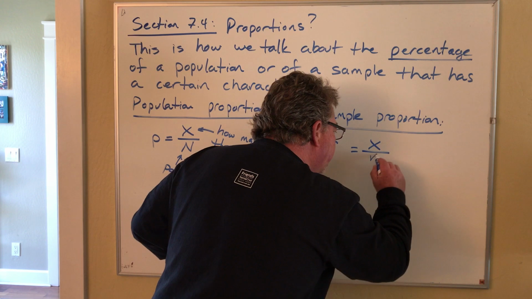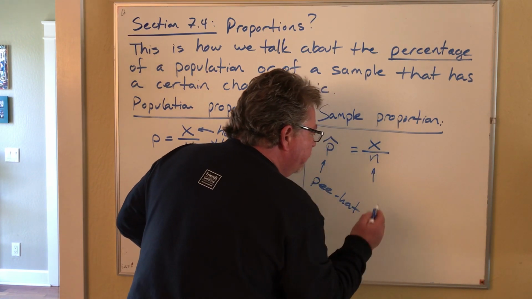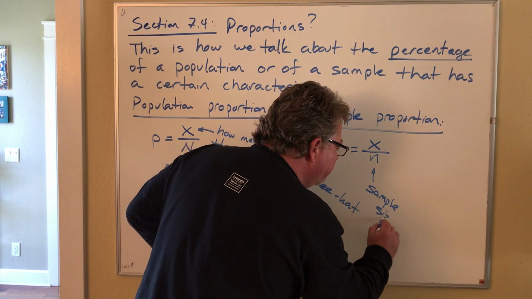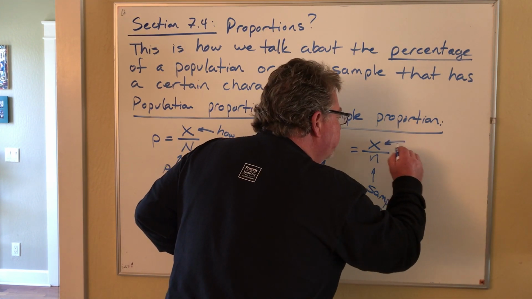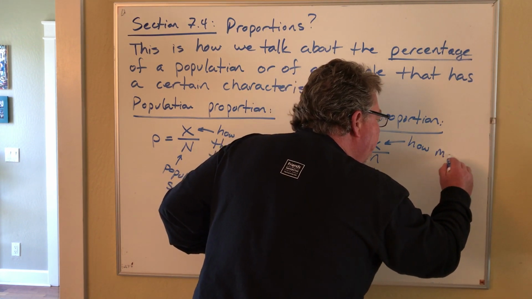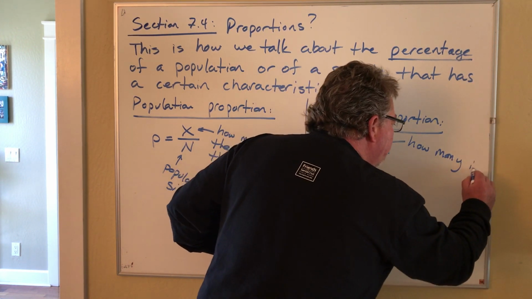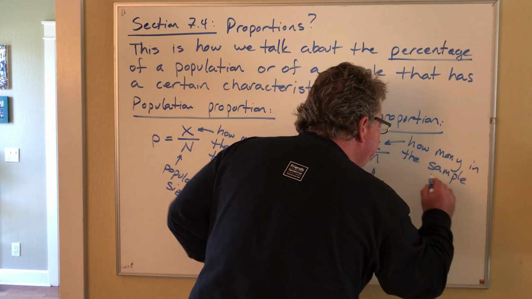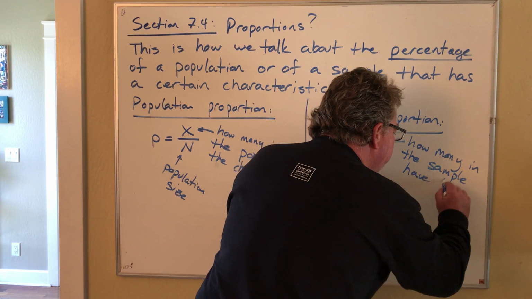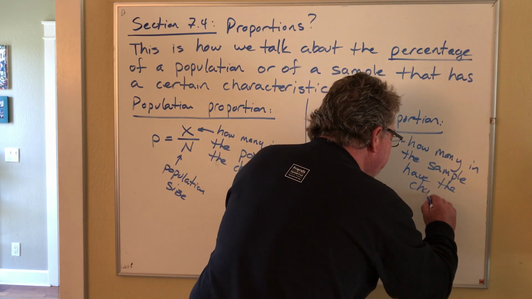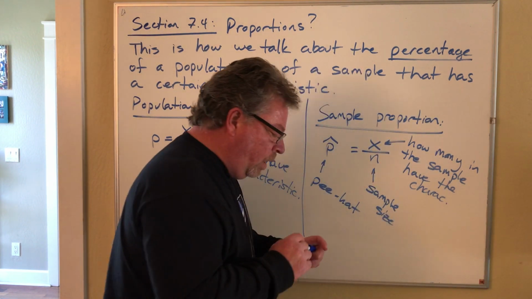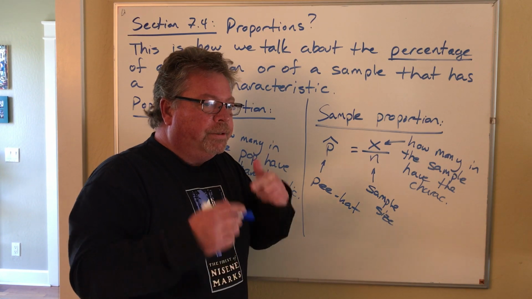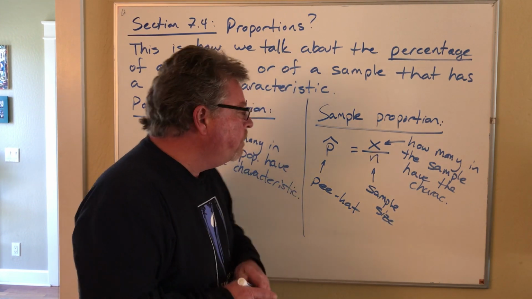It's going to be x divided by n. And as always, lowercase n is our sample size, and x is going to be how many in the sample have the characteristic that we're looking at. And again, it's going to be important to remember that this x is a count. It's a number. It has to be a whole number.